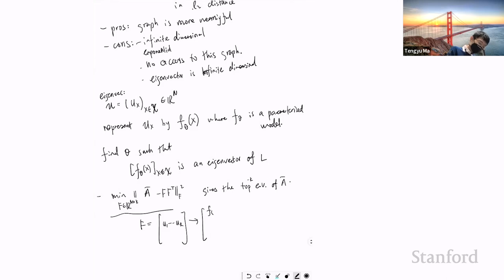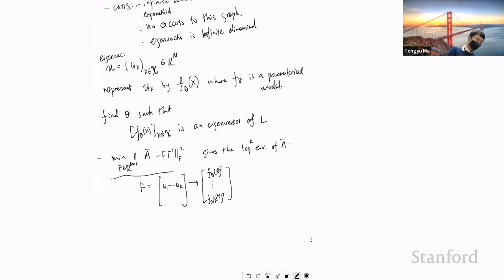You write it as f theta x1 transpose up to f theta xn transpose. So you replace the rows by the parametric version. You say that every row now is a neural network of the raw data.